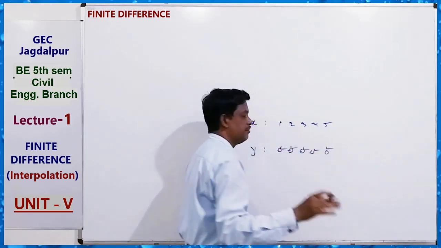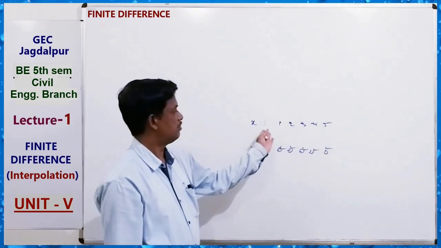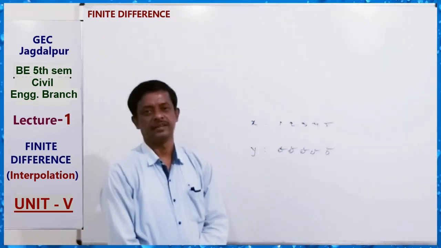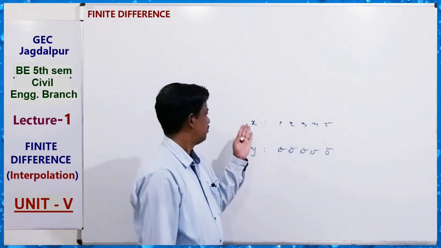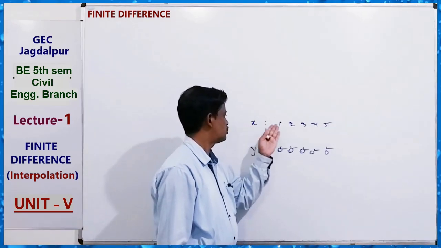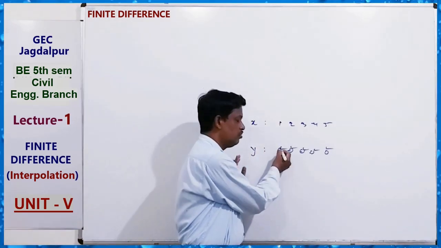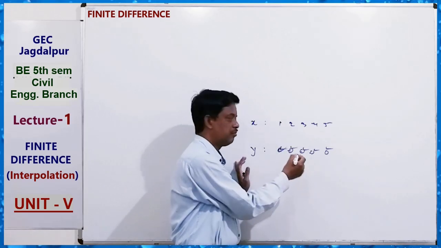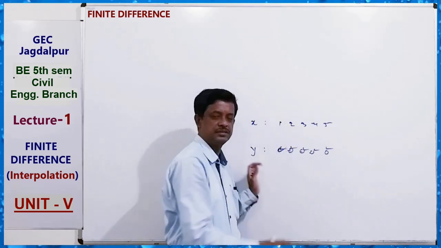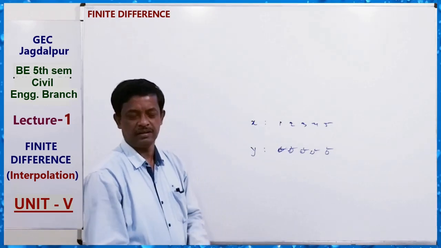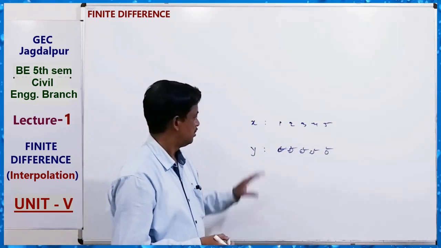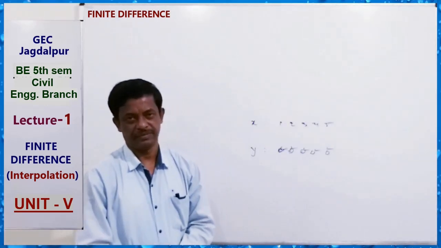We have this step, that is for x equals 1 we have this value, for x equals 2 we have this, and we have just this step only.